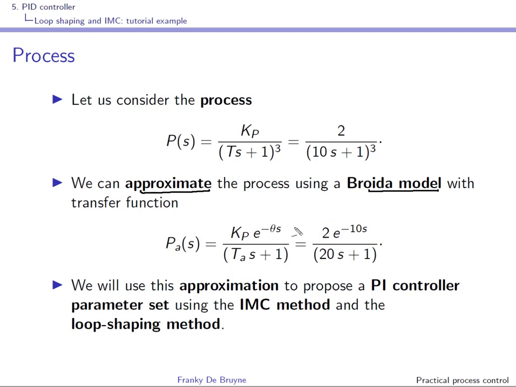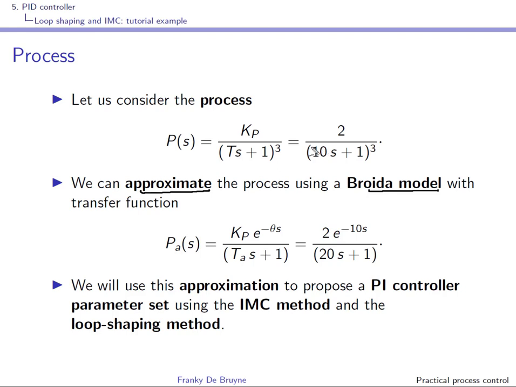So what we'll do is use this Skogestad approximation. Here we have three time constants. We keep one of these time constants, so we have 10, and the two remaining time constants, for half of the value, we will add to the time constant that we have kept.